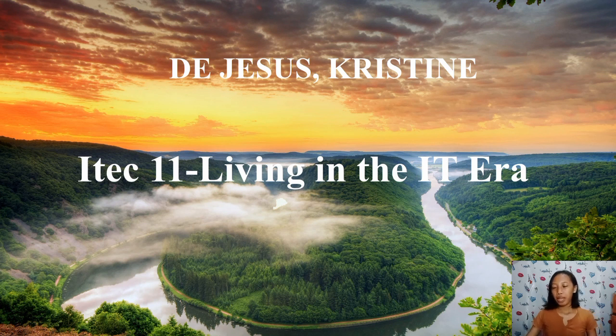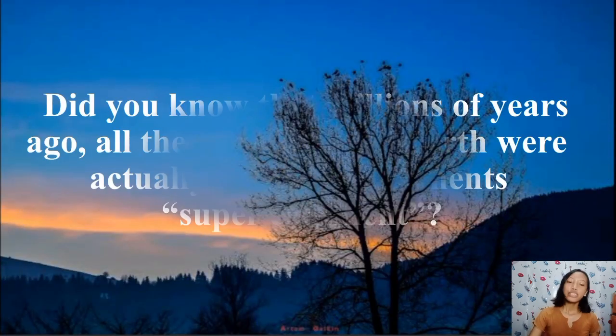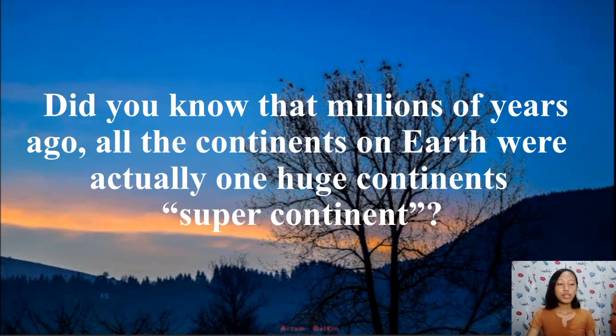But before we start our discussion, I have a question for you. Did you know that millions of years ago, all the continents on Earth were actually one huge continent or supercontinent?